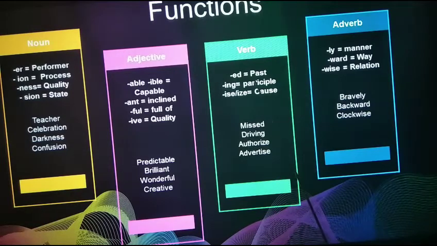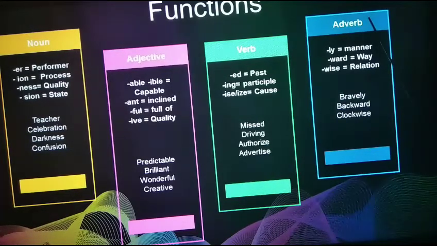We have ing, that indicates the participle, and we have ize and ise, that indicate the cause of something. We have the word missed, that is the past tense of the word miss. We have driving, the participle of drive. We have authorize and advertise as the cause of something.